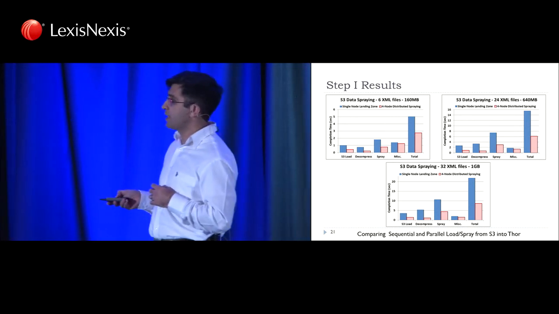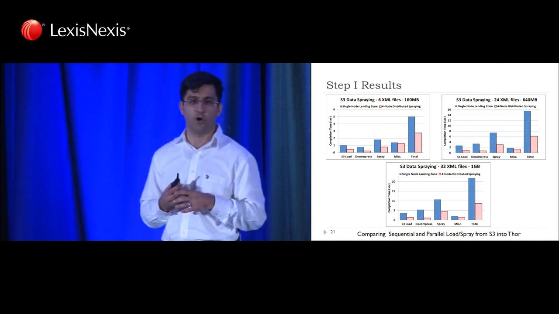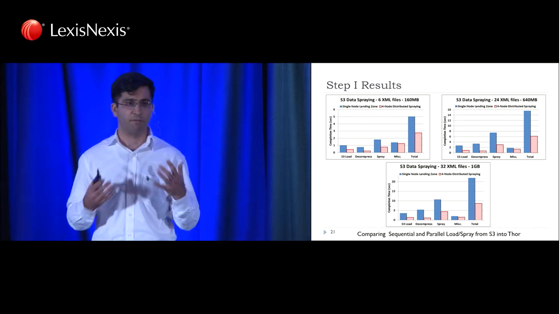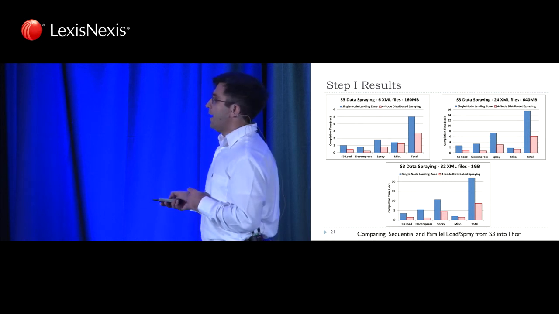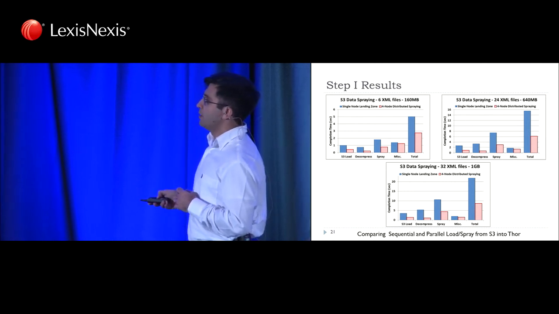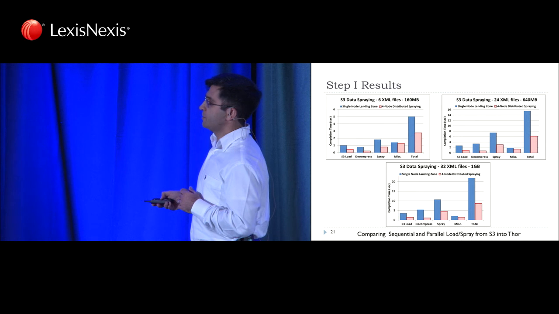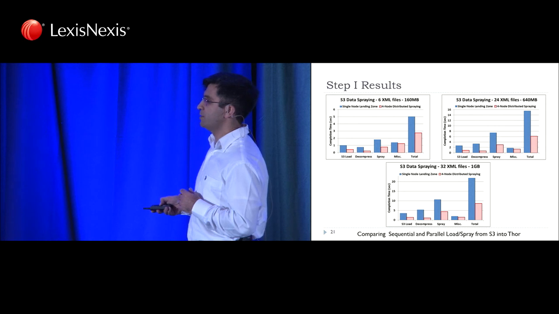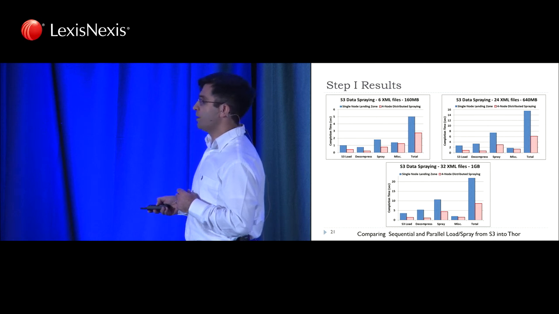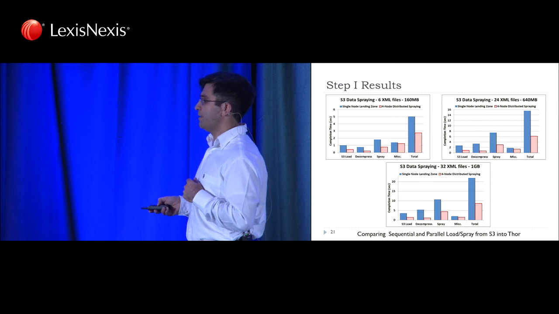In this test case, we have used 4 nodes on EC2, so we have 4 Thor nodes performing the operation. For example, in the 1 gigabyte data case, these are the steps. First you load the data from S3, decompress in a distributed way, do your shuffle or spraying, and then there's some miscellaneous overhead, and then your total.